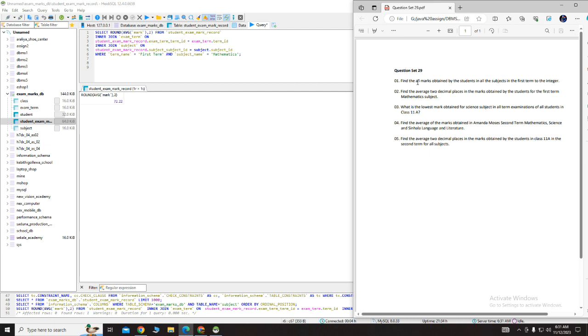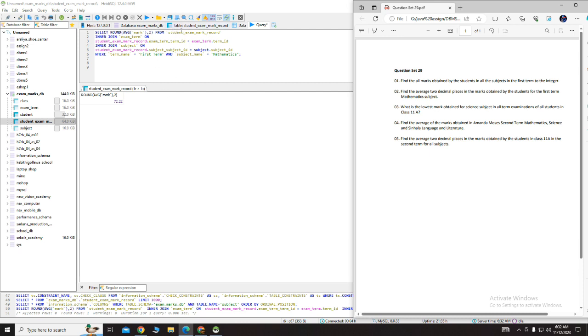For the second question, we have to use two specific keywords. First, we are finding the average mark using the average function. The average mark was found using a subquery, and finally we have used the keyword round. The number 2 denotes that we have set to round off the average mark to two decimal places.